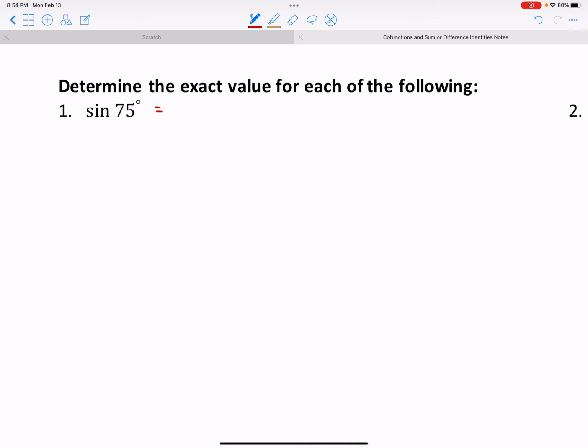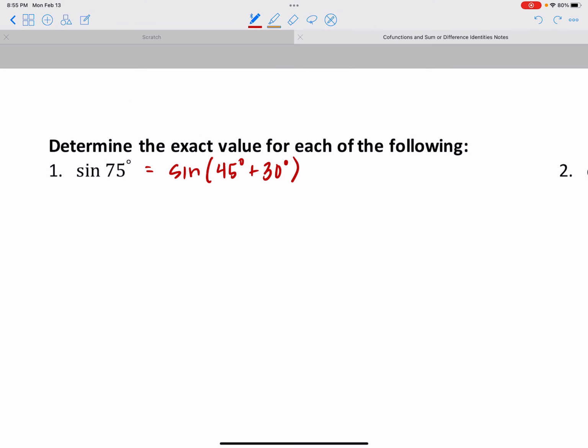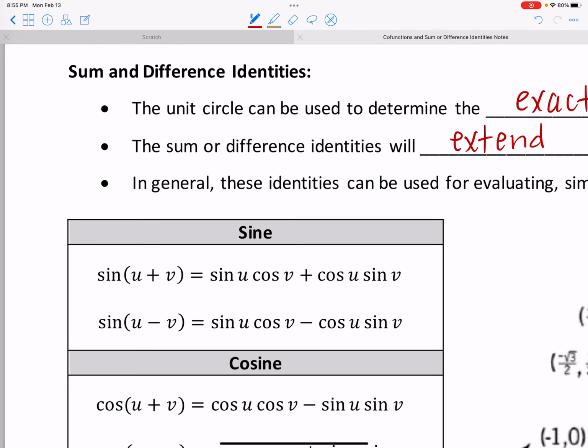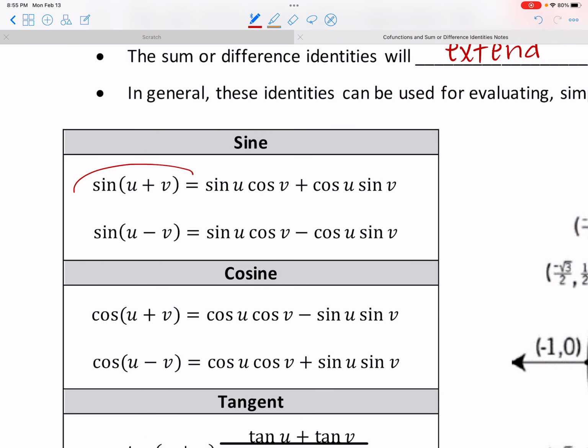When I'm looking at 75 degrees, I can rewrite this as the sine of 45 degrees added to 30 degrees. So again, 75 is a sum of two angles that are on the unit circle. So if I can take my angle and rewrite it as a sum or difference, then I can apply one of my sum or difference identities. So in this case, I have the sine of a sum.